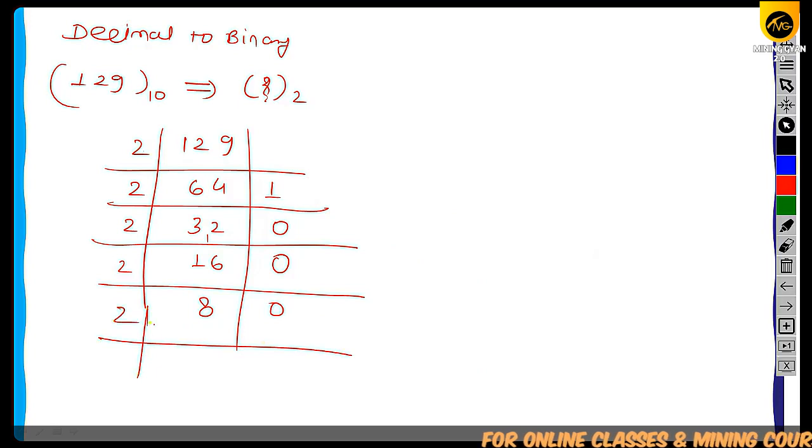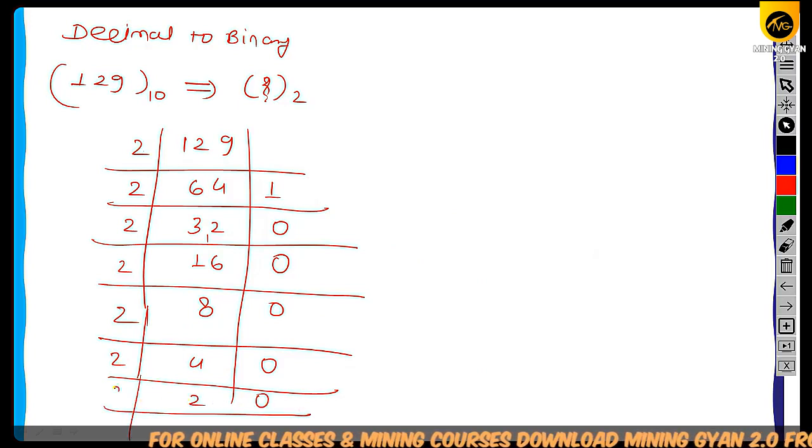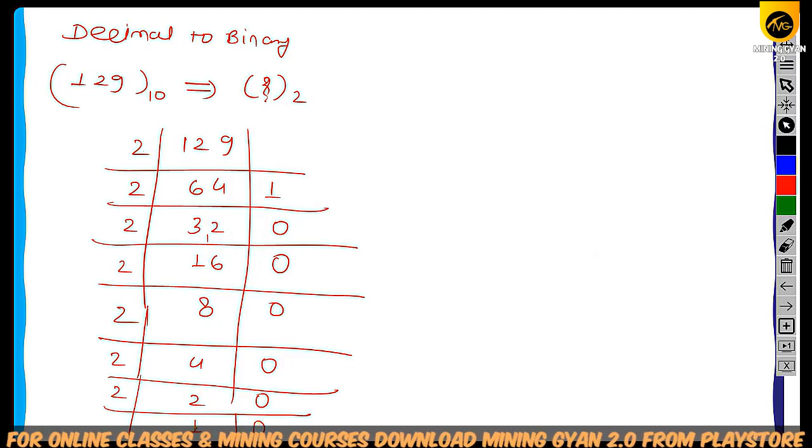Now 2 fours, again 0, and 2 twos, it's 0, and last 2 ones, there is again 0. Now the answer will be written in this order.